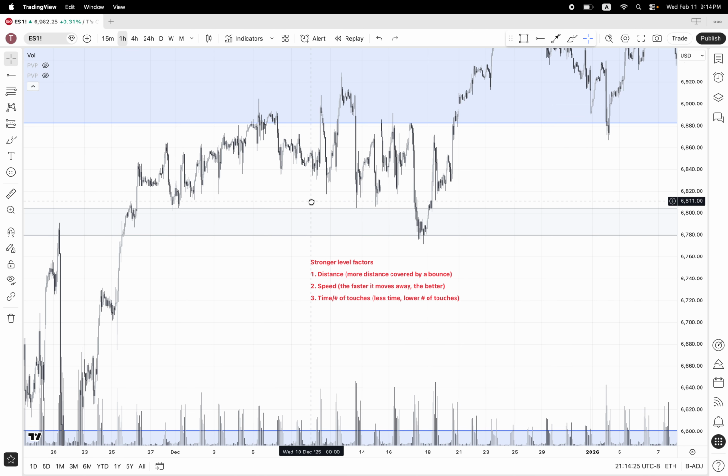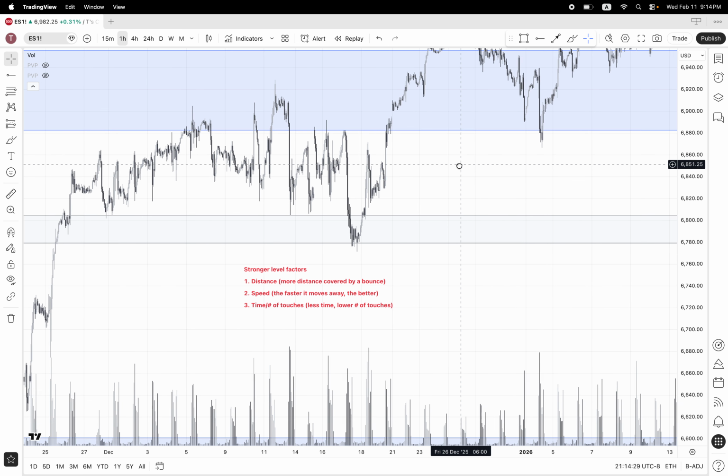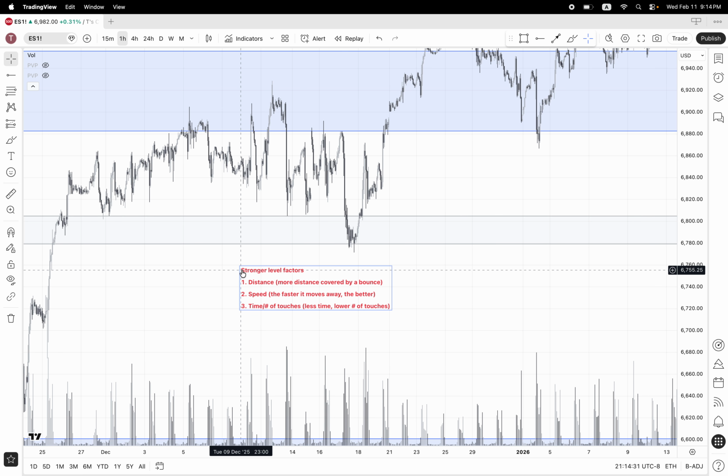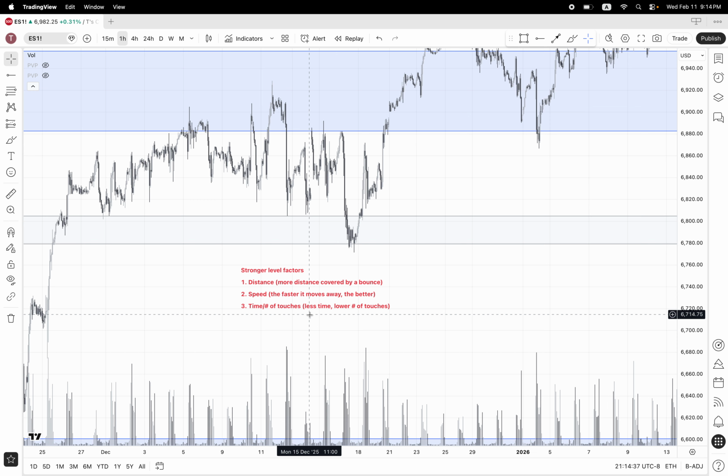One thing I want to note is that this does not work 100% of the time. So just because you use the stronger level factors, the distance, the speed, the time, number of touches, does not mean that you're gonna have a 100% win rate. Anything above a 50% win rate, I think is pretty good. So you need to be a little bit realistic.